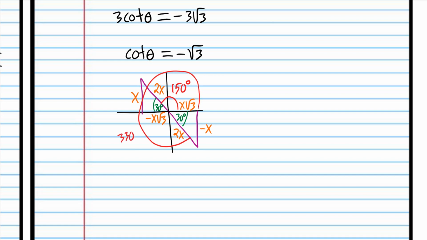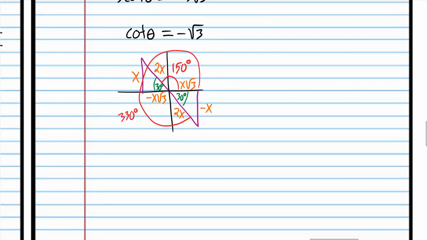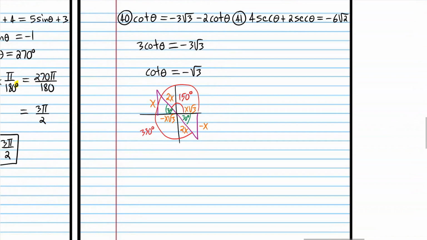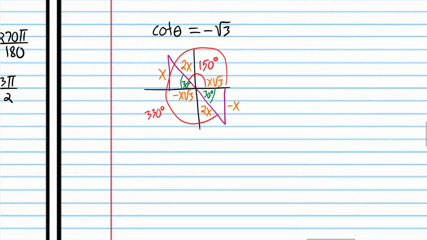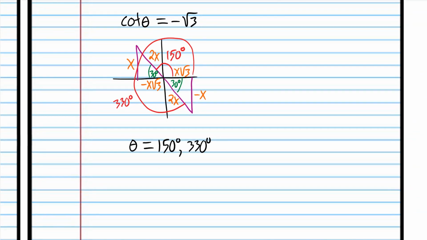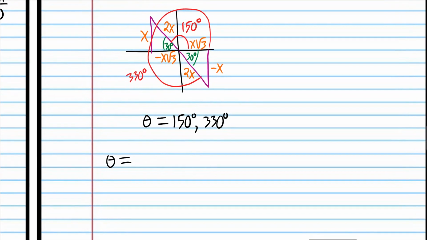So that's actually the second angle. So theta must be equal to 150 degrees and 330 degrees. Again, there's an infinite number of solutions, but we're only looking for the solutions between 0 and 360.